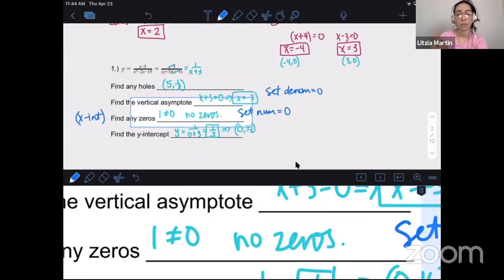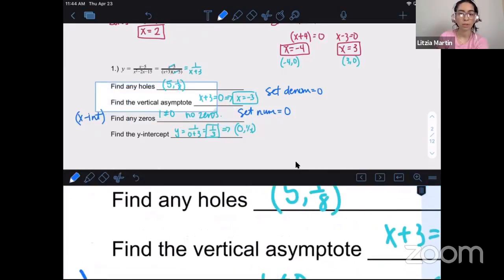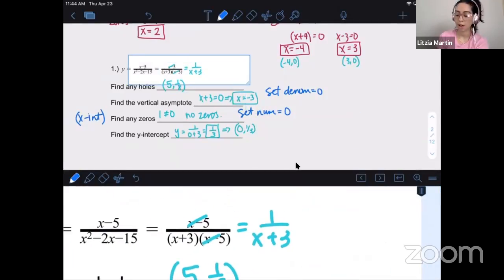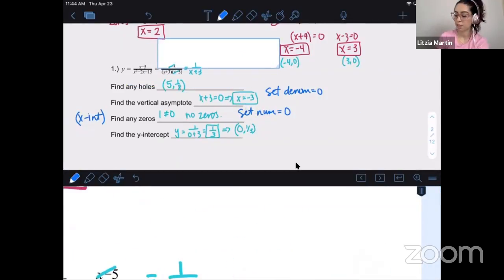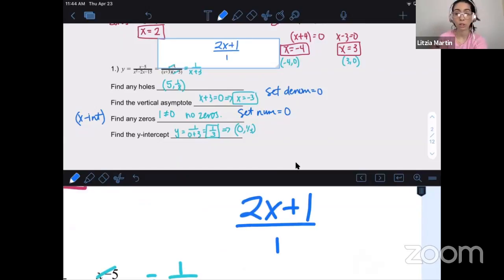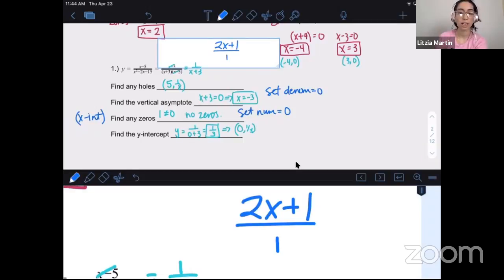So whenever you have just a constant, and that goes the same for the vertical asymptote. Let's say, for example, when you simplify, you're left with 2x plus 1 divided by 1. And then you go to set the denominator equal to 0, but you have 1 in the denominator. So then that would just mean you have no vertical asymptote.